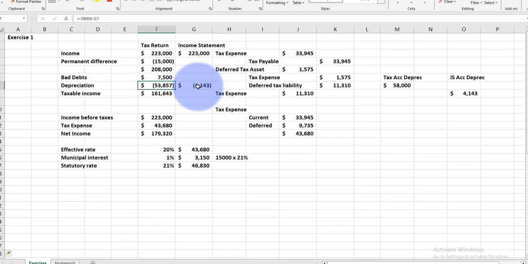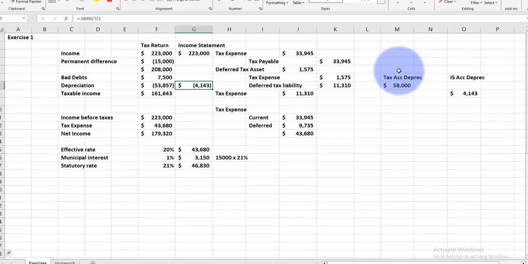That's 4,143 with the half-year convention, so half a year of depreciation is 4,143. So our tax accumulated depreciation thus far in year 1 is 58,000 over here on the side, and 4,143. I like to keep track of that separately, to make sure we don't miss anything.